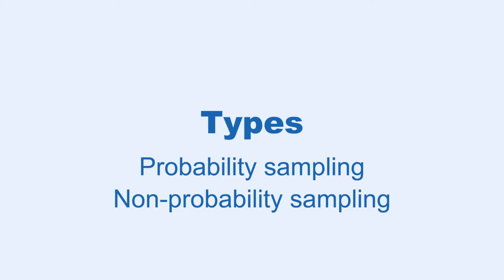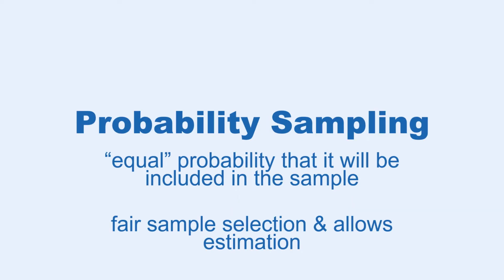Again, probability sampling would give you equal chances to be part of the study sample, whereas non-probability sampling would not give you equal chances to be part of the sample. And now, let's expound on that. Probability means equal probability that you can be included in the sample.